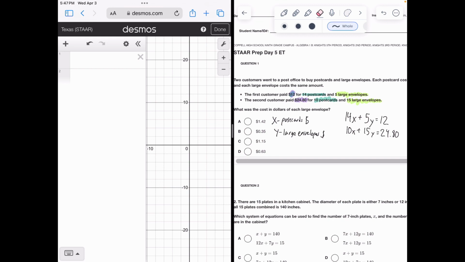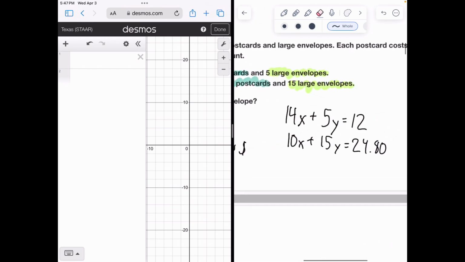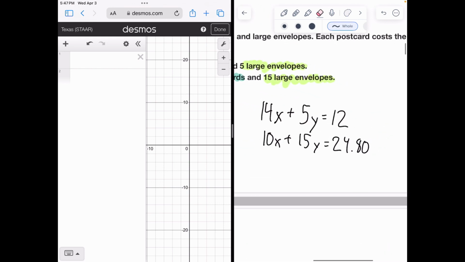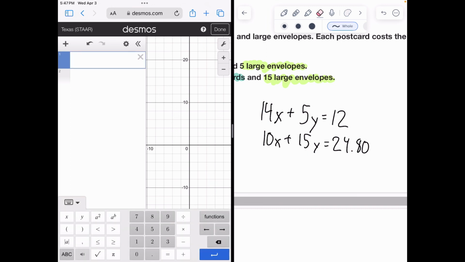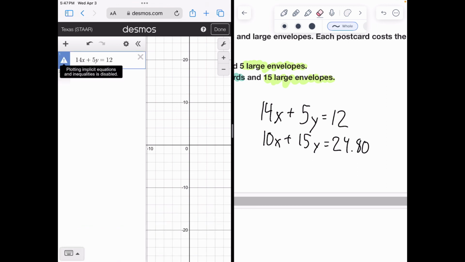Now, ideally, we can put both of these equations into Desmos to solve it out. However, if we're in test mode, if I try to type in 14x plus 5y equals 12, on the STAAR test it's not going to graph it.